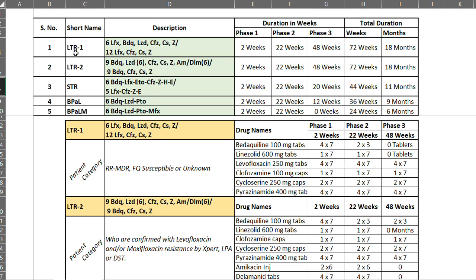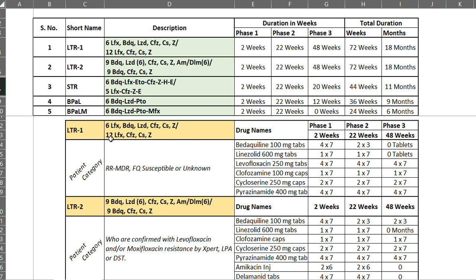BPaLM will be a 6-month treatment, comprising phase 1 of 2 weeks and phase 2 of 22 weeks. There is no phase 3 for BPaLM, so BPaLM comprises 24 weeks or 6 months. Let's take them one by one.